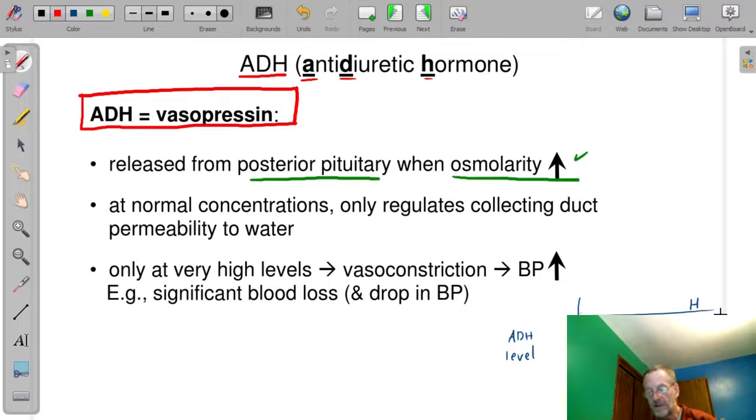When you become dehydrated, you release more ADH. And when you're well hydrated and you don't need any more water, you release less ADH. That's normal. So these are the normal levels.